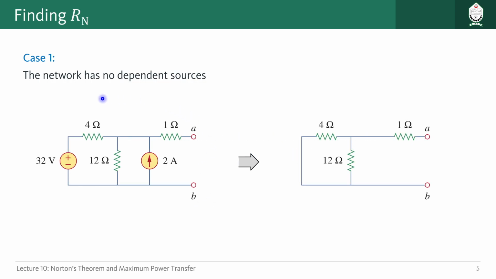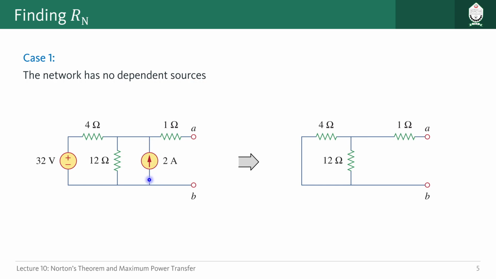Let us see one example of that. Here we have a circuit where we want to find the equivalent resistance RN. First of all, we have to disconnect all the independent sources. To disconnect a voltage source, we short circuit it, removing that voltage source, like for this one. For a current source, we open circuit that portion.